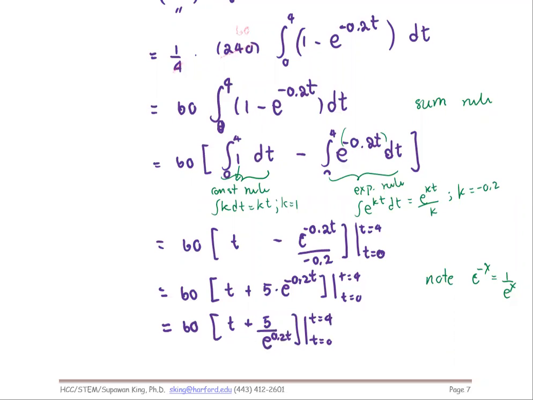Next, we replace the variable with 4 first and then with 0 later. That gives 4 plus 5 divided by e to the 0.2 times 4, the first round using the upper limit, and then subtracting the result of substituting the lower limit.